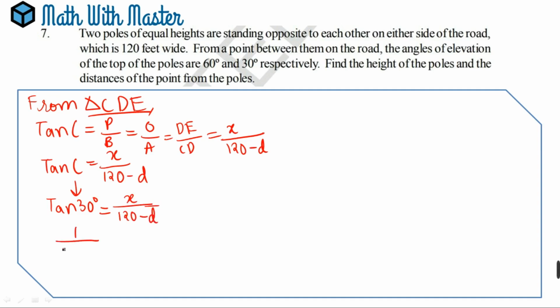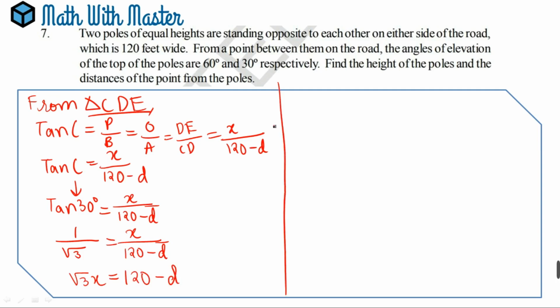And the value of tan 30 degrees is 1 upon root 3, which is equal to X upon 120 minus D, which gives root 3 X is equal to 120 minus D, and then X is equal to 120 minus D upon root 3.